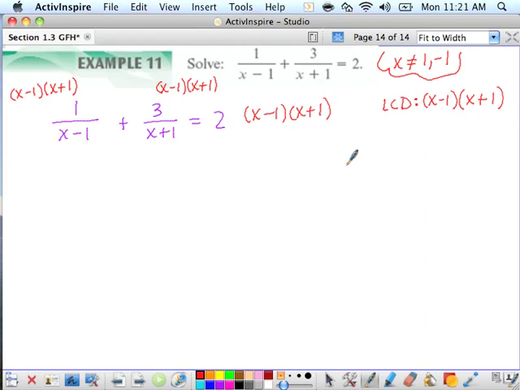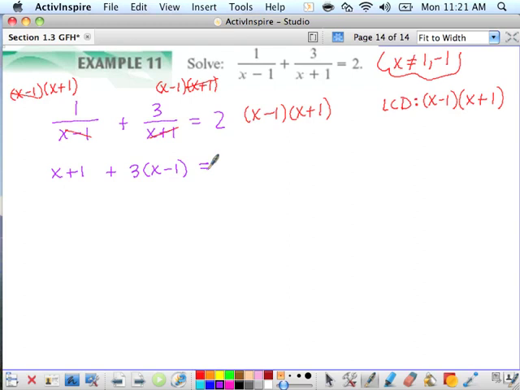Okay, so now I've multiplied through by the least common denominator. The x minus 1 simplified here, leaving me with 1 times x plus 1. For the next fraction, x plus 1 cancels, leaving me with positive 3 multiplied by x minus 1.